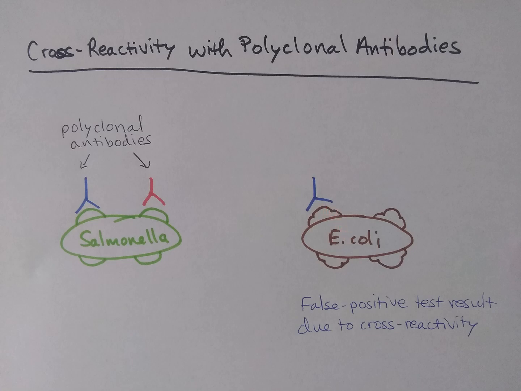So if you had a diagnostic test that you're trying to determine if your patient has Salmonella or not, and if they have E. coli instead, it would show up as a false positive test result. And the test would show up positive, but they don't really have Salmonella, they have E. coli instead. And that's due to this cross-reactivity of these polyclonal antibodies. So they could bind to more than one thing, and you might get a false positive test result.